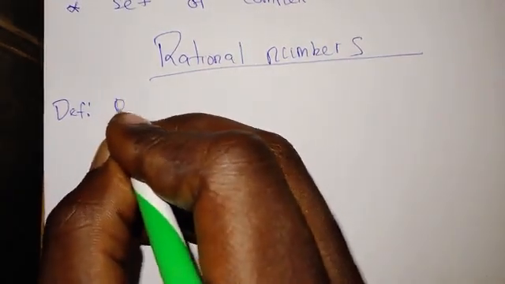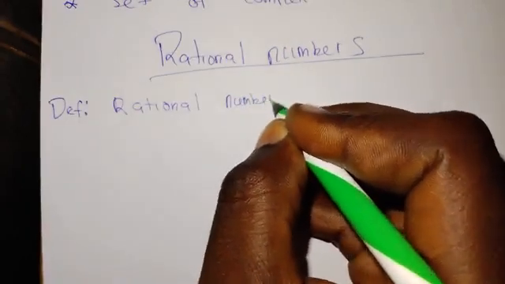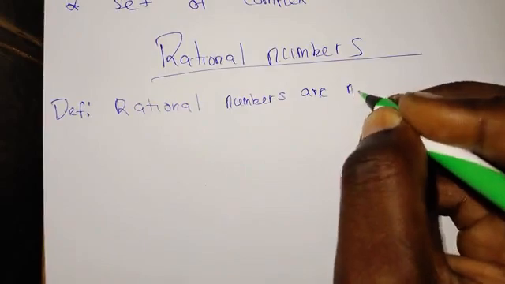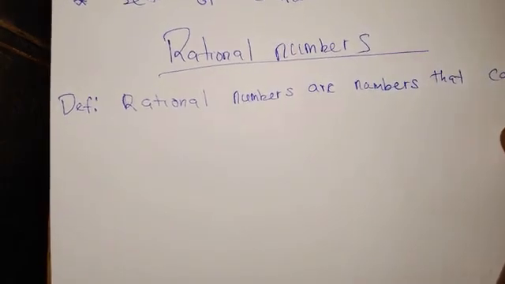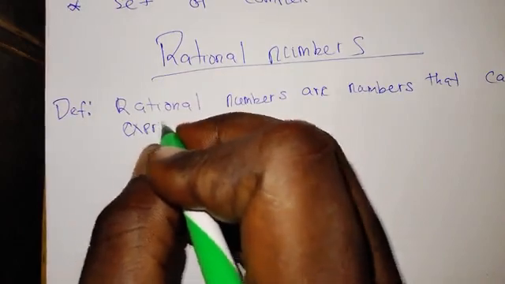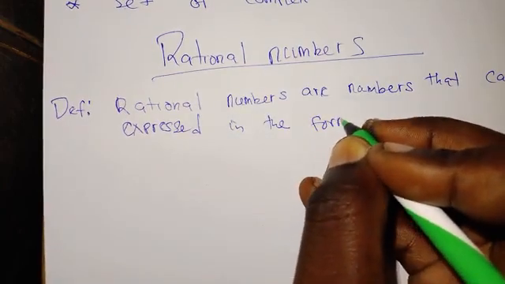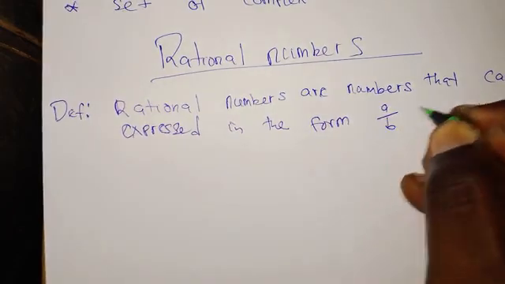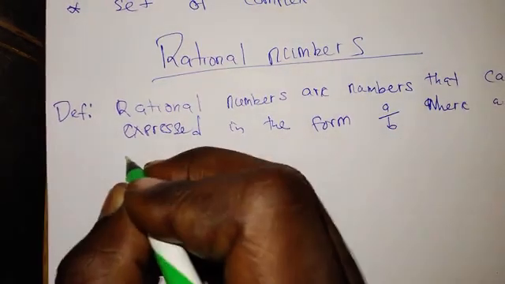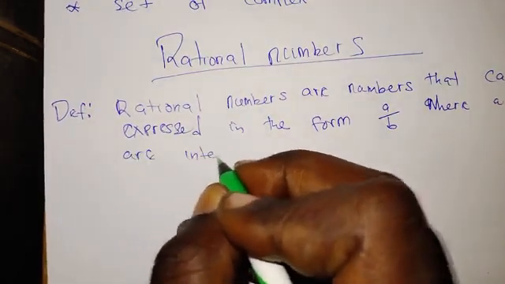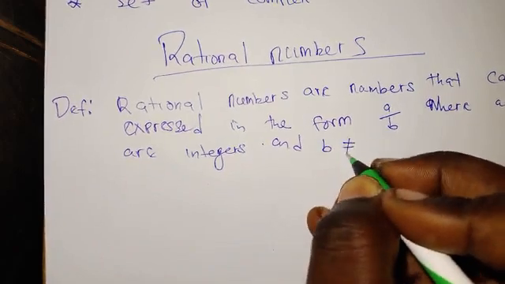Rational numbers are specifically numbers that can be expressed in the form A over B, where A and B are integers, and this B should not be 0.